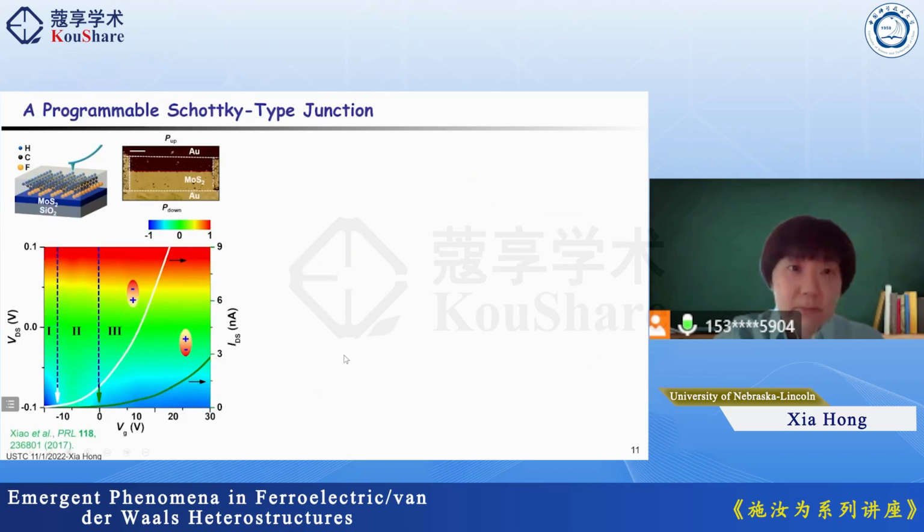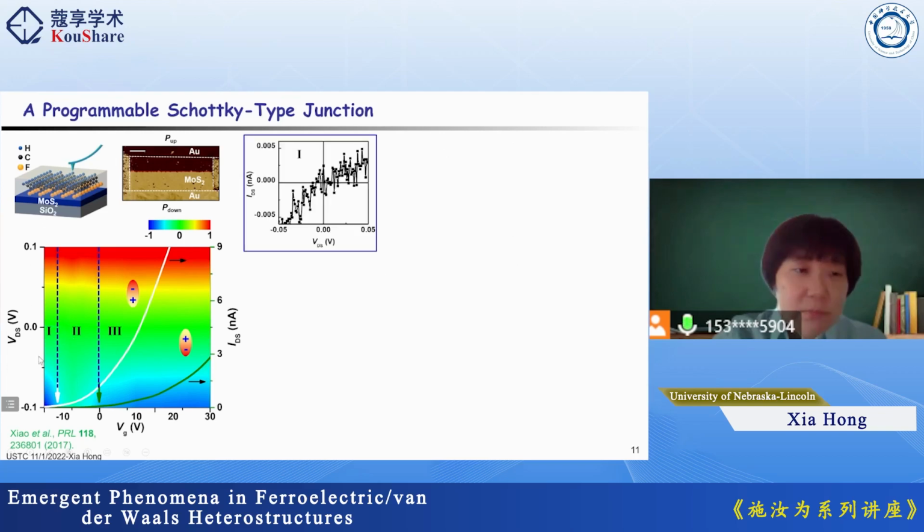So to further understand it, we map out the channel I-V characteristic as a function of the source-drain voltage and the gate voltage. Superimposed on it are the I-V transfer curves for the uniformly polarized state. You can see that the I-V characteristic can be divided into 3 regions.